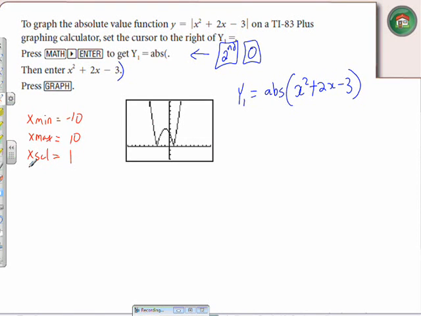Every tick mark is 1. Y min is equal to -3. 1, 2, 3. And y max equals +10. And y scale equals 1. X-res we don't even ever touch. That's the window that they've used if you want to make it look exactly like what you see there.